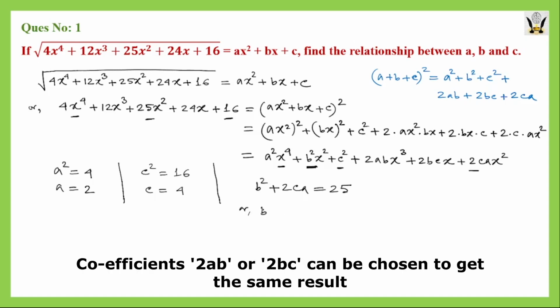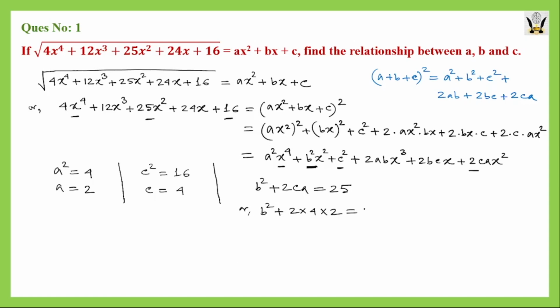Now we know the value of c is 4 and the value of a is 2, so b square plus 8 times 4, that is 16, will be equal to 25. So b square will be 25 minus 16, and that will be 9. So we can say the value of b will be 3.